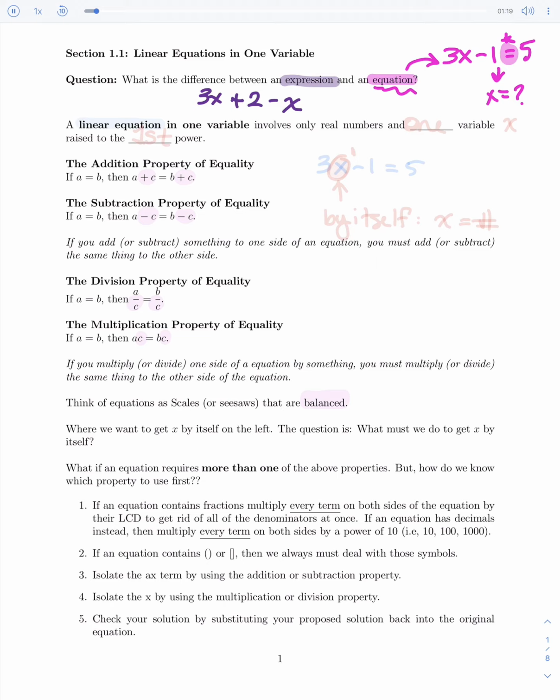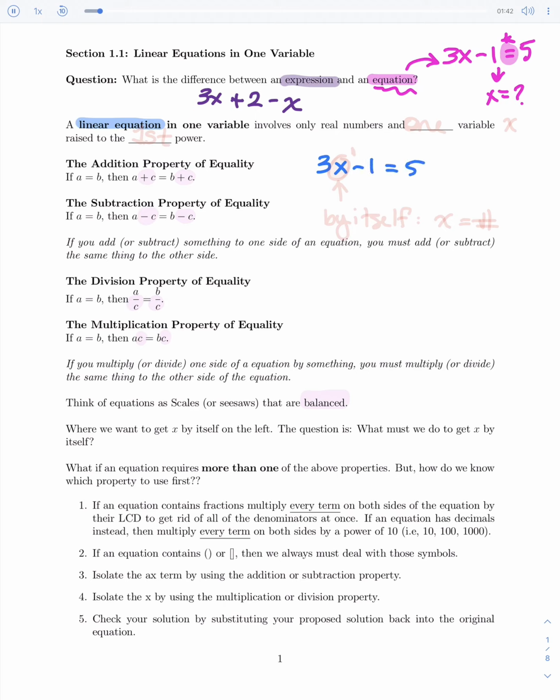So what we'll look at in this first section is what are called linear equations. When we say linear equations, what we're going to be looking at is equations that just have one x raised to the first power. So it'll be something like what we were just looking at, 3x minus 1 equals 5.